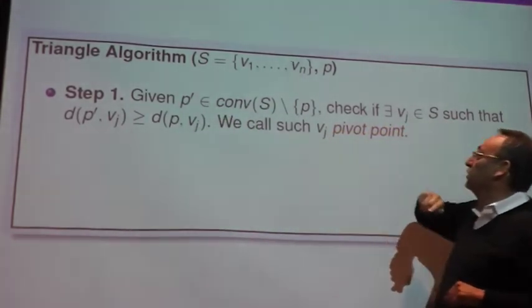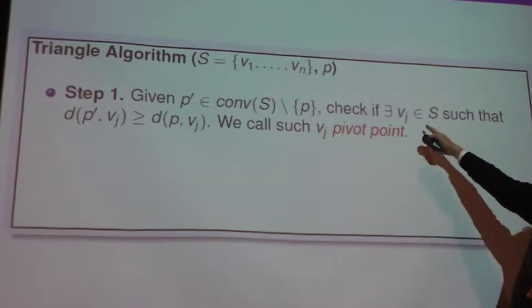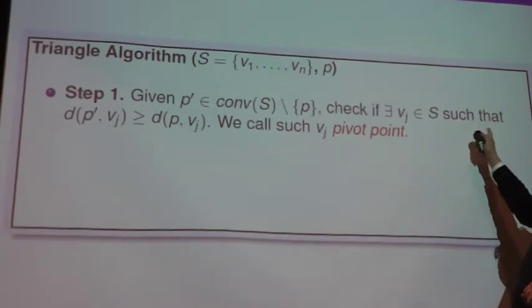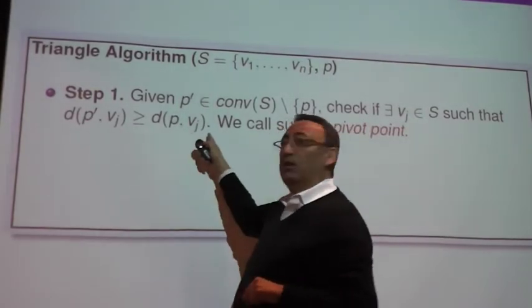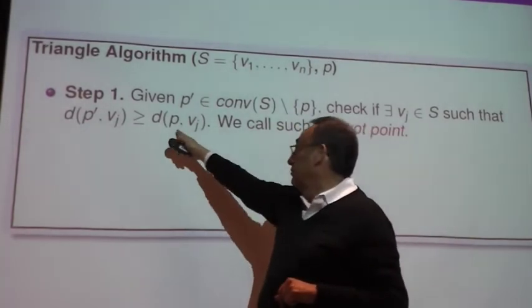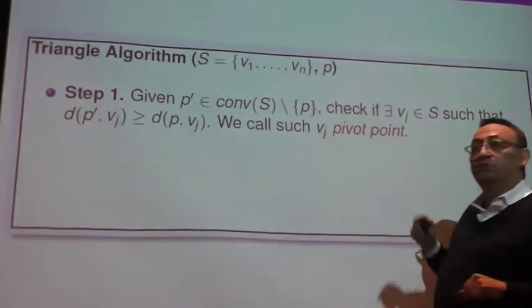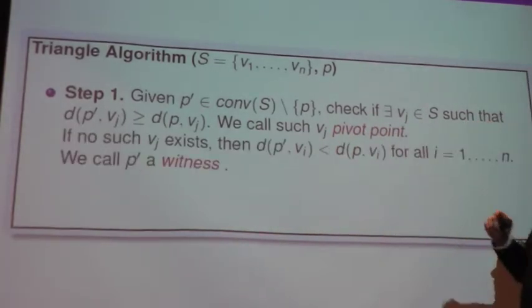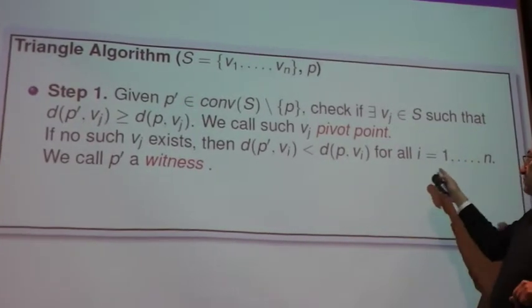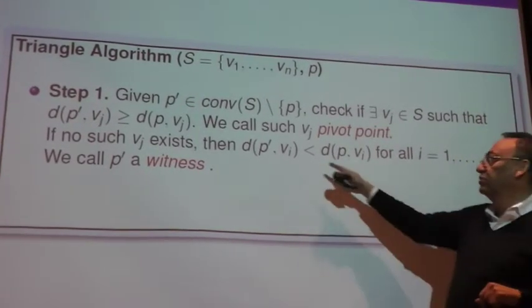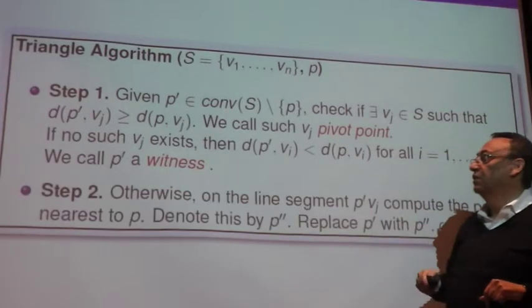Given p prime in the convex hull, check if there is a v_j such that the distance between p prime and v_j is bigger than or equal to this. We call such a point a pivot point. If no such point v_j exists, then this inequality is satisfied for all i. We call such a p prime a witness.